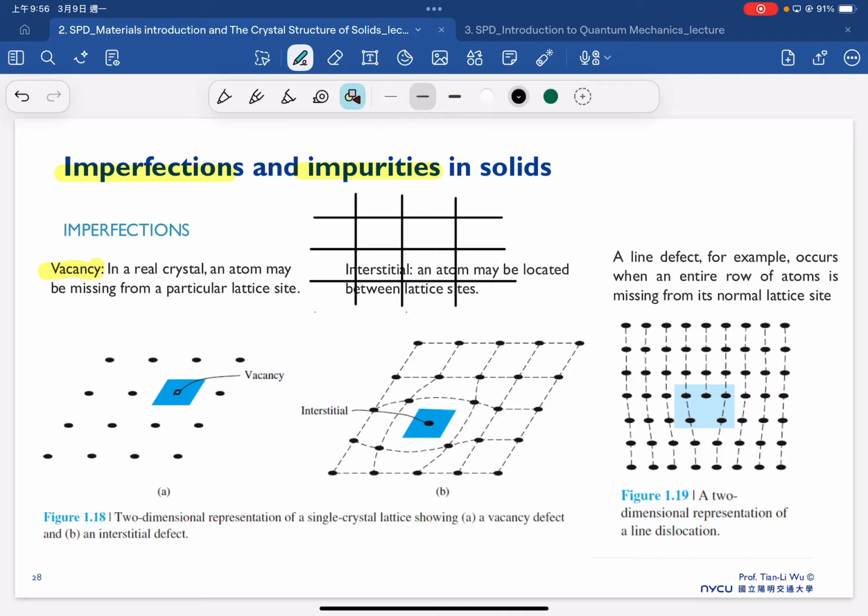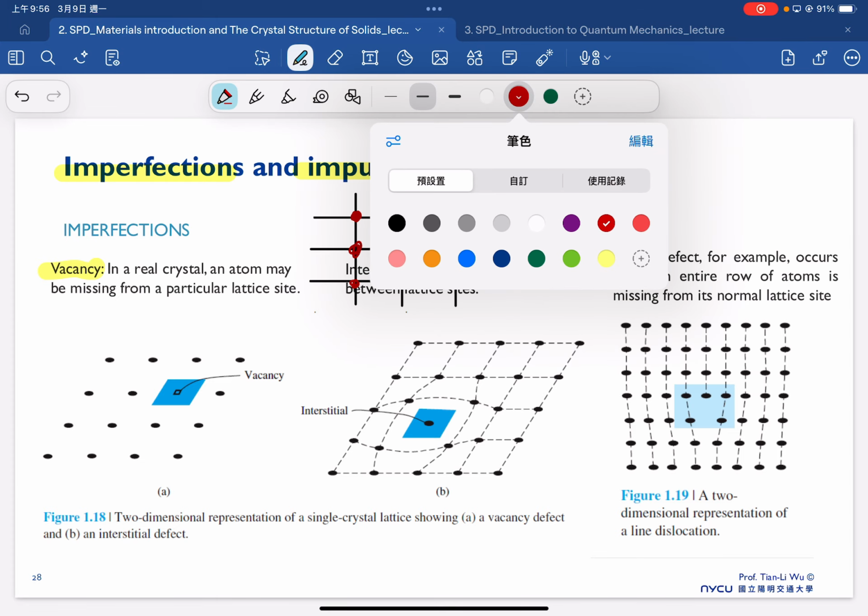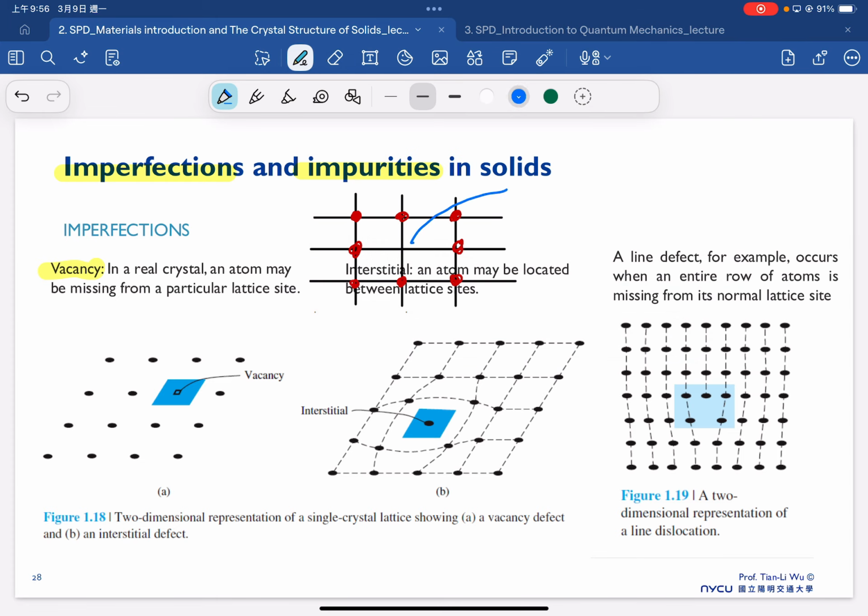This is a typical lattice plane where the atoms sit in particular places. Now, if there is one atom missing, this place is what we call a vacancy.